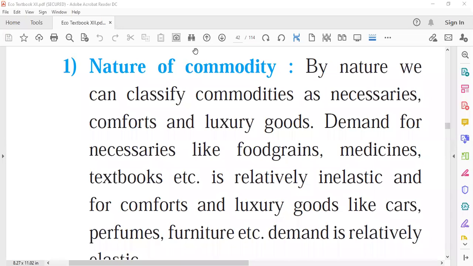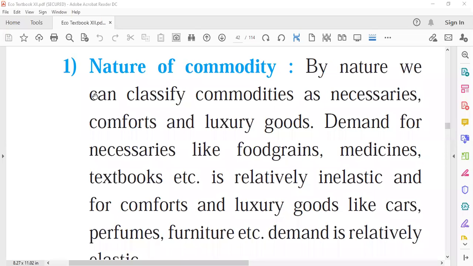So we have to purchase the medicine even though the prices increase, because postponement of medicines is not possible. So in case of necessities, the demand will be perfectly inelastic.